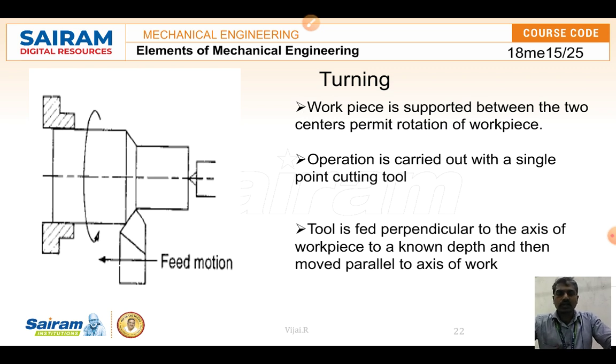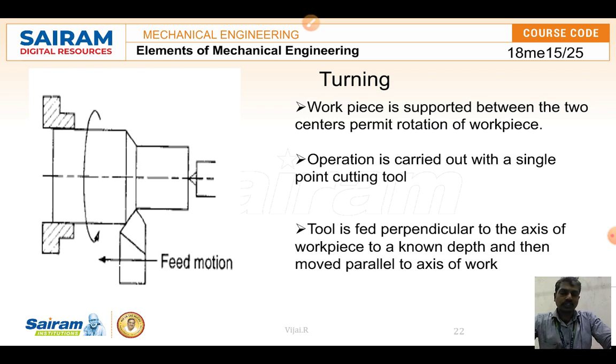In the turning operation, the workpiece is supported with the help of centers. We can say there is a live center in the headstock. The workpiece is held by the chuck jaw, and it is rotating.